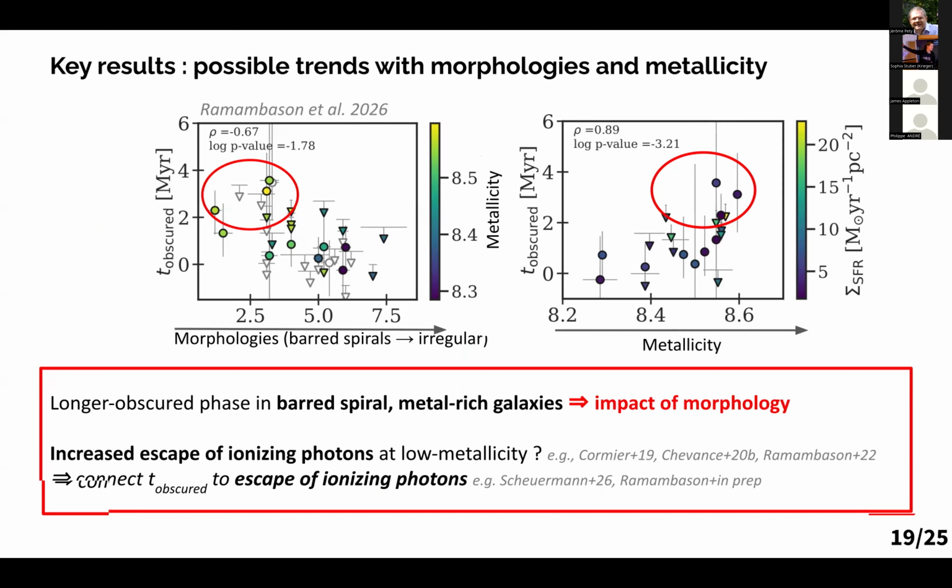And for example, the increased escape of ionizing photons at low metallicity could be linked to a faster disruption of the molecular cloud. So this is still to be connected quantitatively, but it's ongoing work right now.